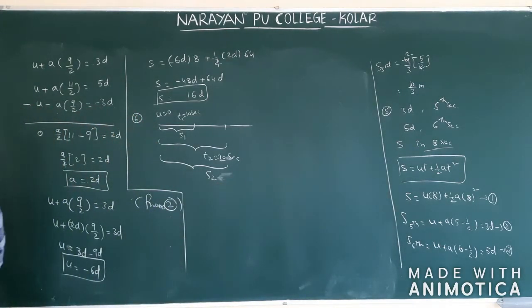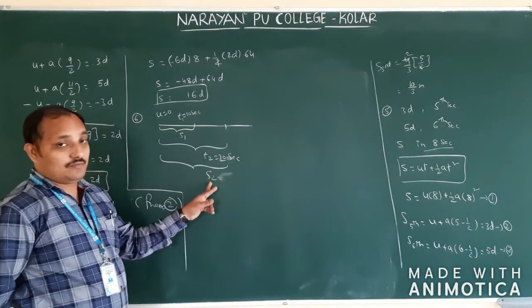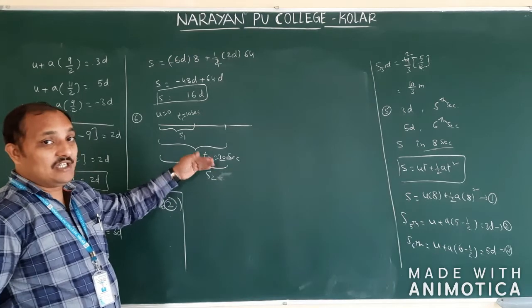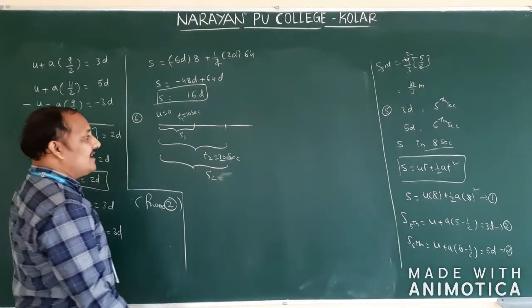In first 10 seconds S1, in first 20 seconds S2. Okay? For the next problem, a small change will be there. After going to the next problem, you can understand that one.